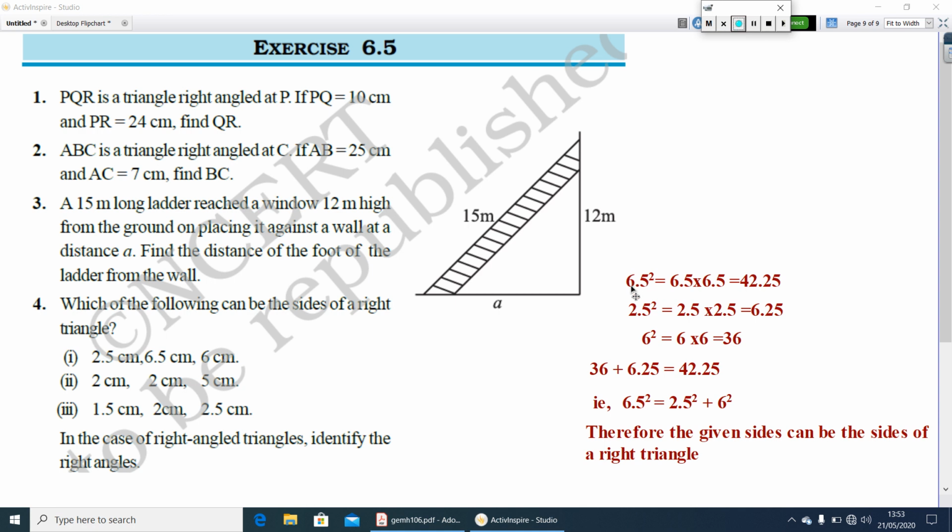That you can write as, first find out 6.5 square, that is 42.25, 2.5 square, that is 6.25, 6 square, 36. Now add the squares of the legs, 36 plus 6.25, that is 42.25. Now 6.5 hypotenuse square, we are getting the same.